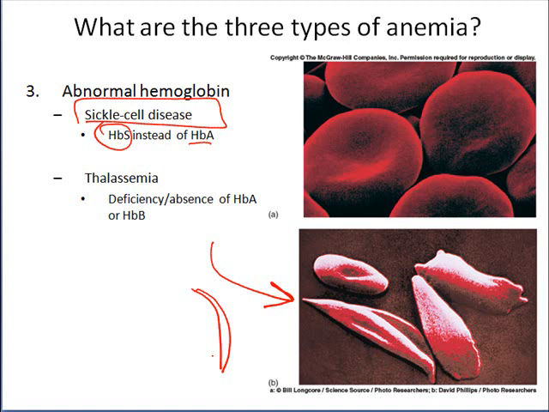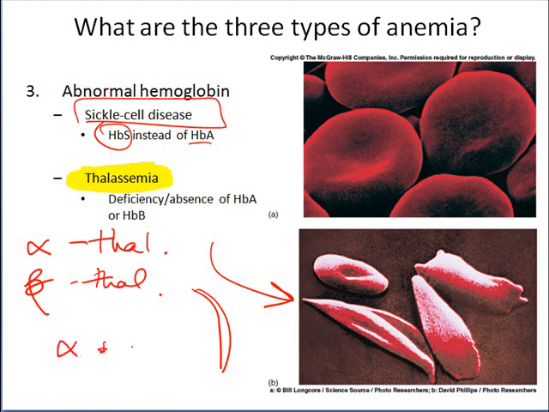Another type of anemia is something called thalassemia. Thalassemia occurs when the person, for some reason or other, either cannot make proper alpha chains or they cannot make proper beta chains. If they can't make proper alpha chains, they call it alpha thalassemia. If they cannot make proper beta chains, they call it beta thalassemia. Now remember what I told you about fetal hemoglobin, that fetal hemoglobin is made of alpha and gamma chains?